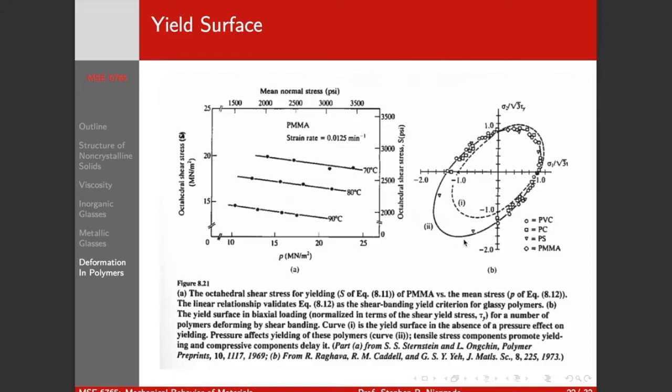We don't have the nicety of thinking about what happens in deformation in a grain, what happens at a slip system, and we don't have nice defects like dislocations to talk about how they're going to mediate or carry the plasticity. So to describe what's happening, we really have to resort to these engineering ideas of a yield surface.